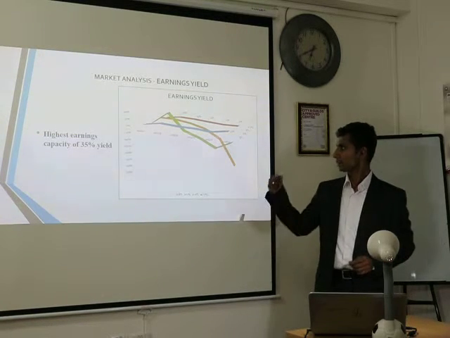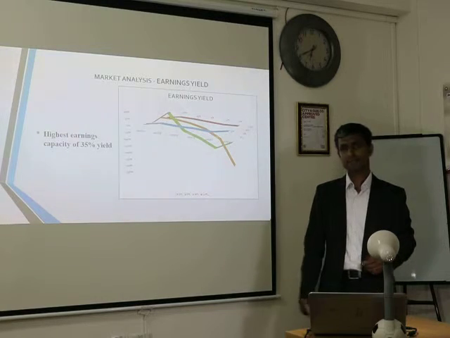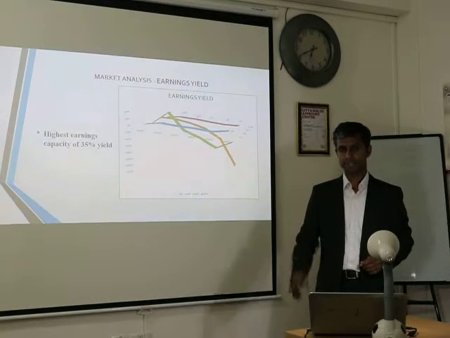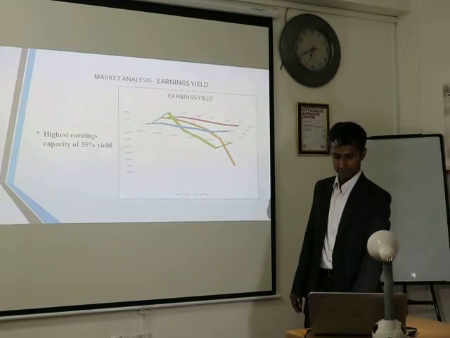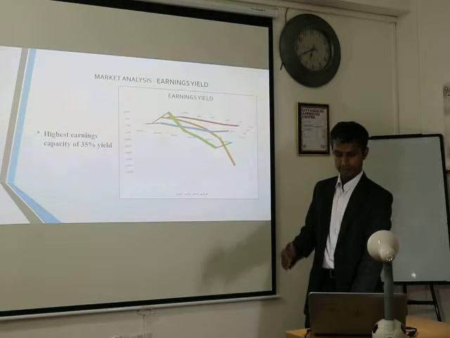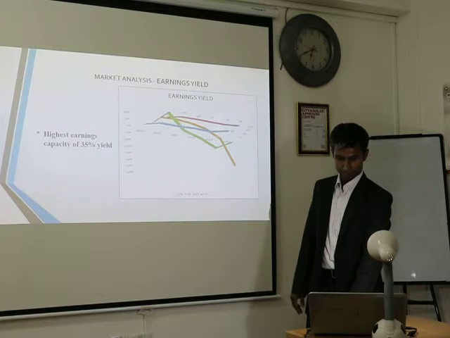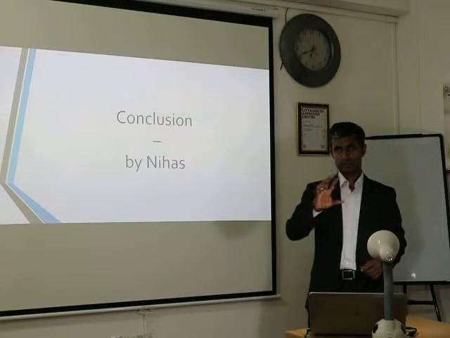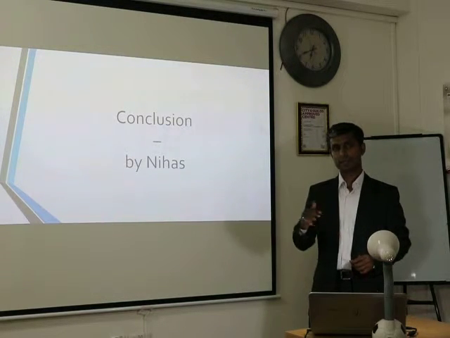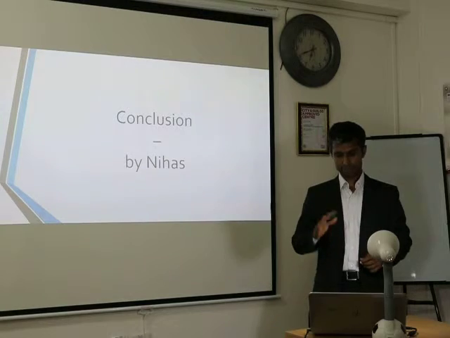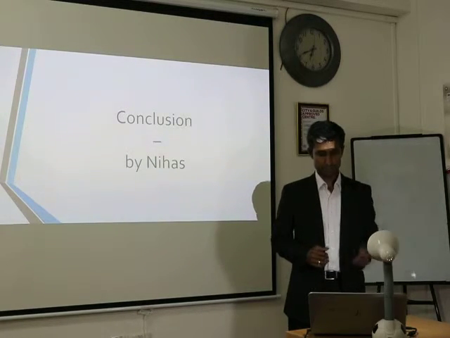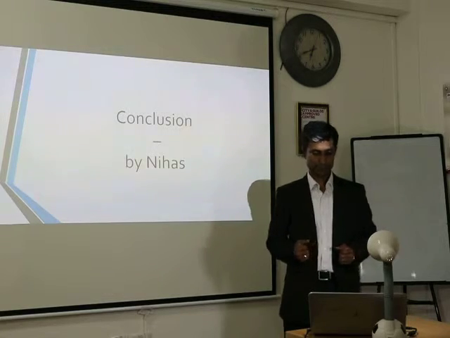So it shows how much Equity Plantations is benefiting the market and investors, and how they have managed their profitability and dividend payments over the period. This gives a good idea about the competitor analysis, how Equity Plantations compares to all other competitors. So I will invite my colleague Mr. Nihas to take you to the conclusion area.